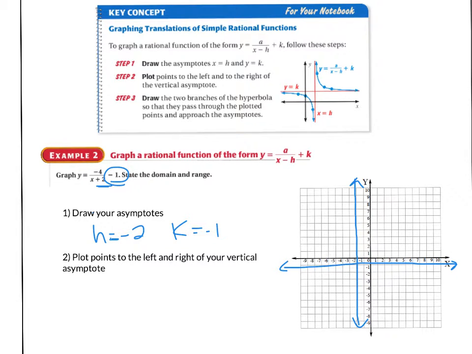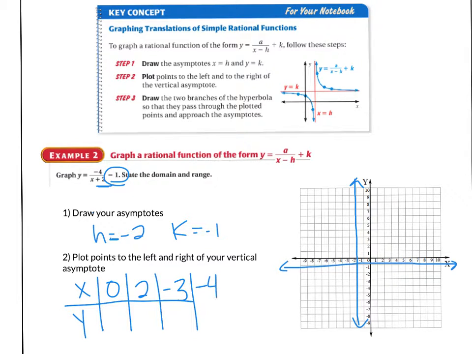Since my vertical asymptote is at -2, I'm going to go ahead and pick some numbers to the left and right of that. And so I will make my table of x and y values. I'm going to pick a 0, that is to the right, and I'm going to pick a 2, and then to the left I will pick a -3 and a -4.